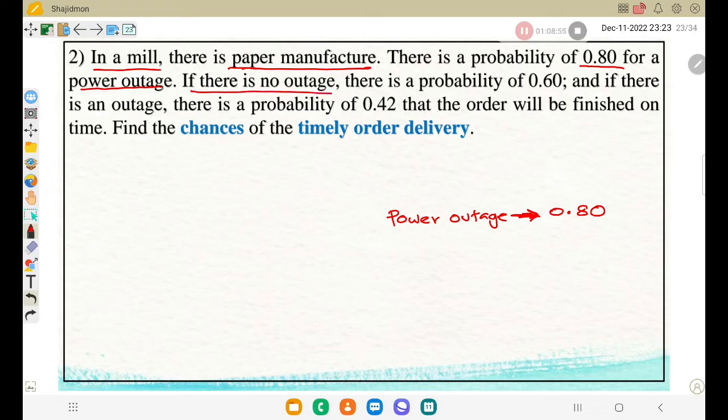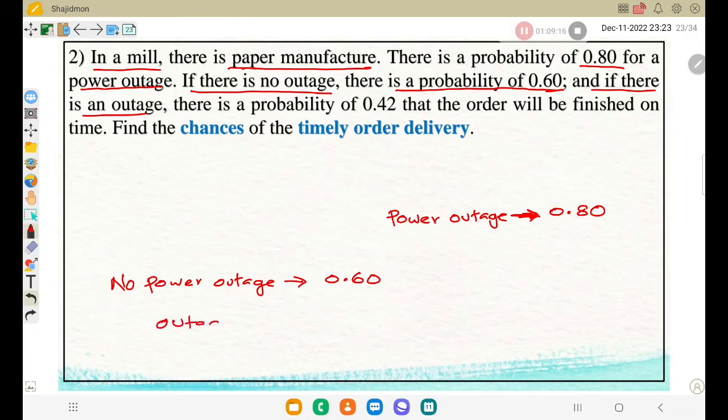If there is no power outage, no power cut, there is a probability of 0.60 that the order will be finished on time. And if there is a power outage, the probability is 0.42 that the order will be finished on time.